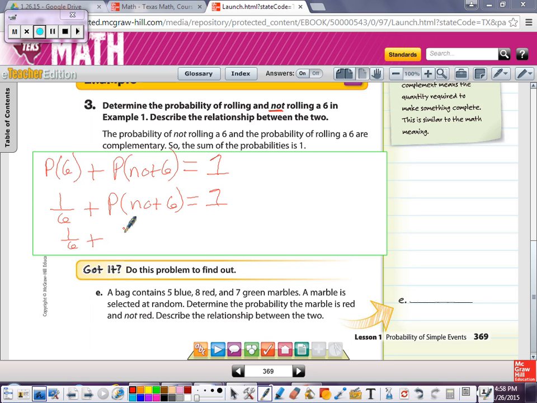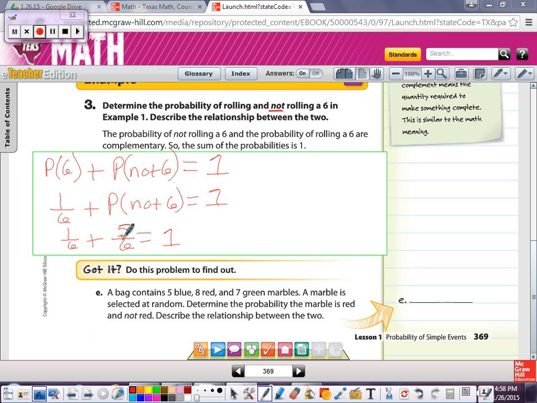Well, if we think about it, 1 out of 6 is what we want, so then 5 out of 6 is what we do not want, and that'll still give us 1. So that is its complement. 1/6 is the probability of rolling a 6, and 5/6 is the probability of rolling everything else we don't want.